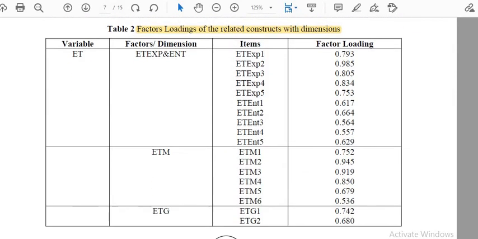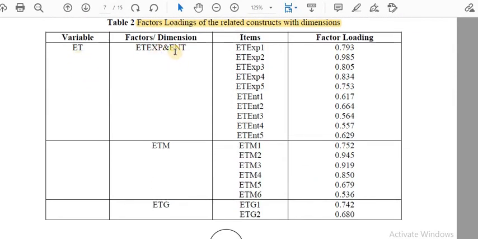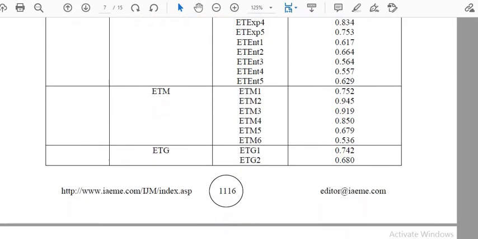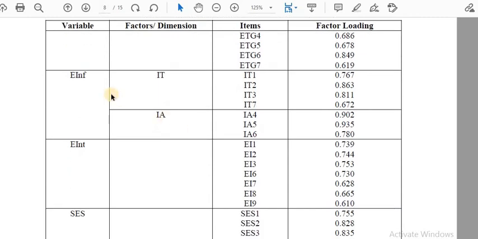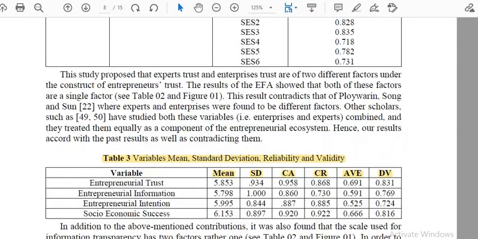These are 3 factors of one variable, and these are the items under this variable and under these components or dimensions, and these are the values of the factor loading. I have conducted all these tests in SPSS. Then there are other variables, and other dimensions and their items and their factor loading. So this is the EFA test which I have performed.